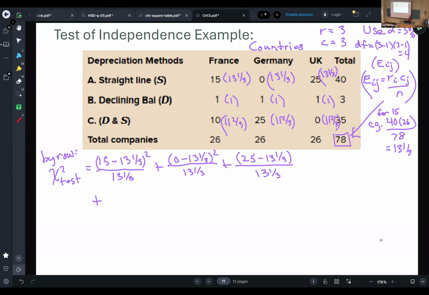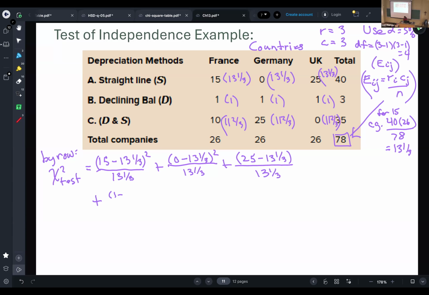But the question said, what's the contribution to the chi-square test with straight line and France? You would just calculate 15 subtract 13 1/3 squared, divide by 13 1/3. That's just that one contribution. But here I'm doing it for everyone.